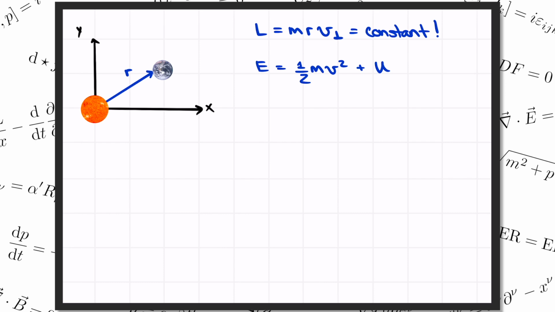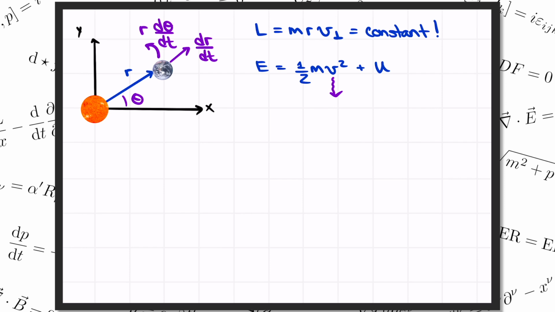Since the planet is moving around in the xy plane, there's two components to the speed here. There can be a radial piece, dr by dt, and there can be an angular piece. The angular piece is just r times d theta by dt, where theta is the angle that the planet makes in the xy plane.